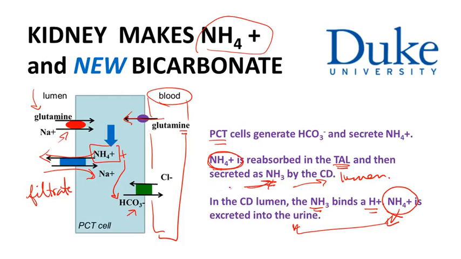Once it's delivered to the liver, it's converted to urea, and the liver is then generating what's called BUN, or blood urea nitrogen. So the urea enters into the cells of the liver, it forms this urea, and then the urea is moved back into the blood. And so what you find as a hallmark of a sick kidney, or a kidney whose collecting duct doesn't work correctly, is a rise in BUN within the blood.